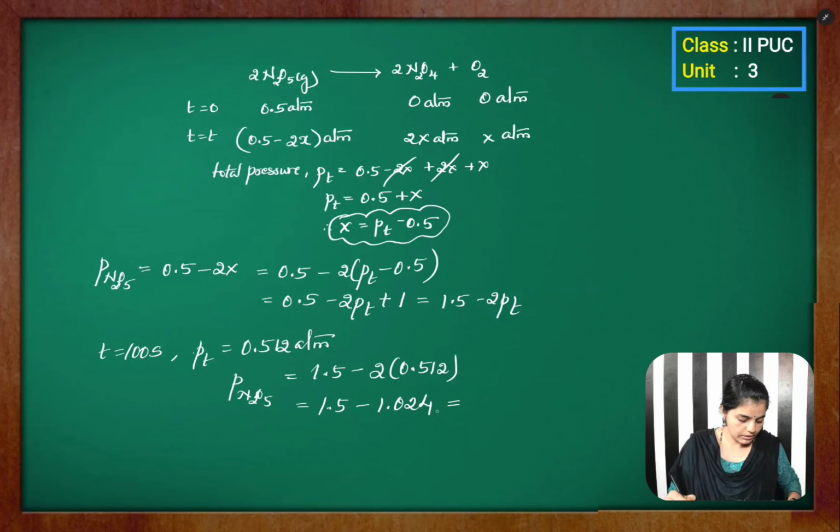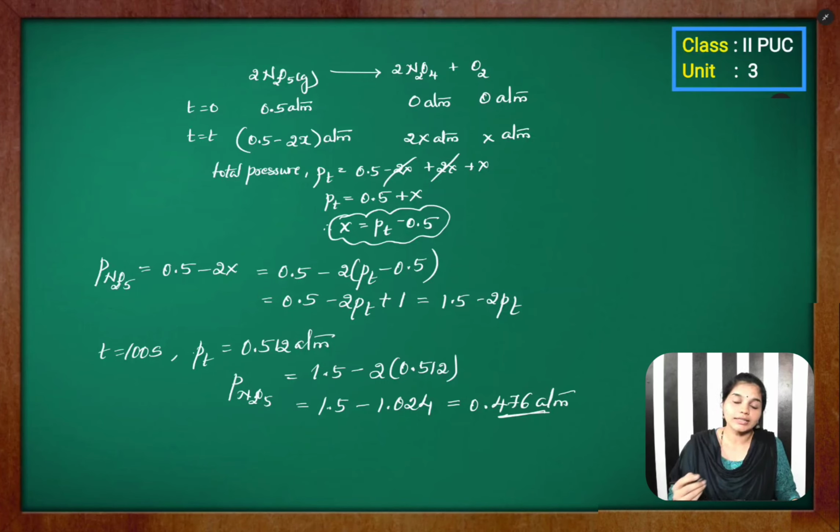This comes out to be 0.476 atmosphere. So from the given data, we have calculated the pressure of nitrogen pentoxide initially as well as during the reaction.